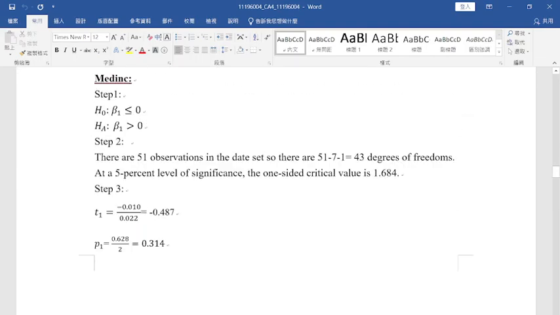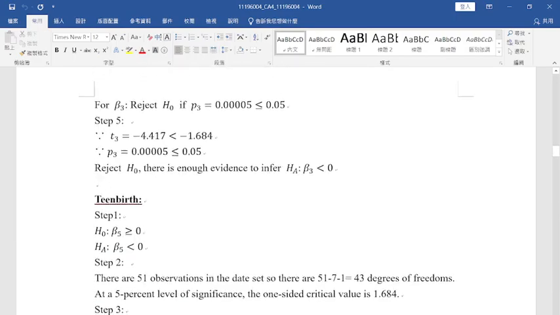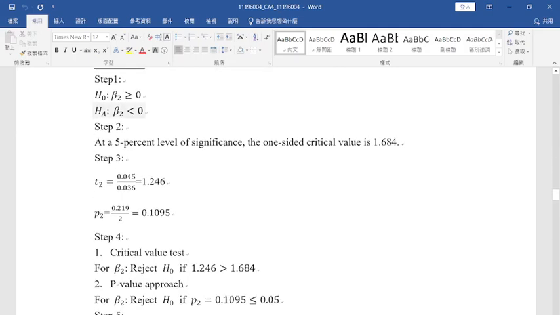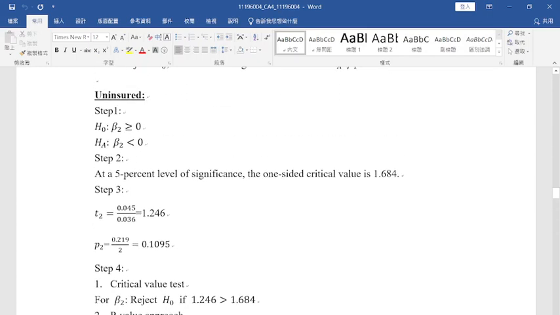Okay, the second one is uninsured. We hypothesize it is smaller than 0, and the critical value is the same. No, it's negative.